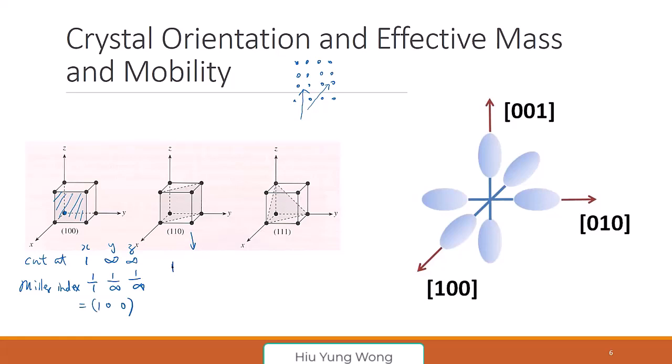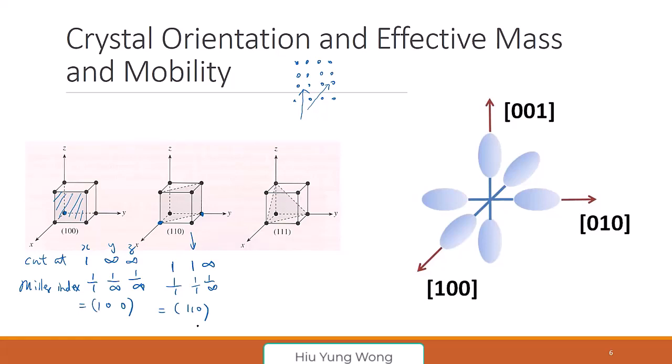You see it cuts here. It cuts Y at 1, but again for Z, it's parallel. It cuts at infinity. So the Miller index is 1 over 1, 1 over 1, 1 over infinity. So it is the 1, 1, 0 plane.